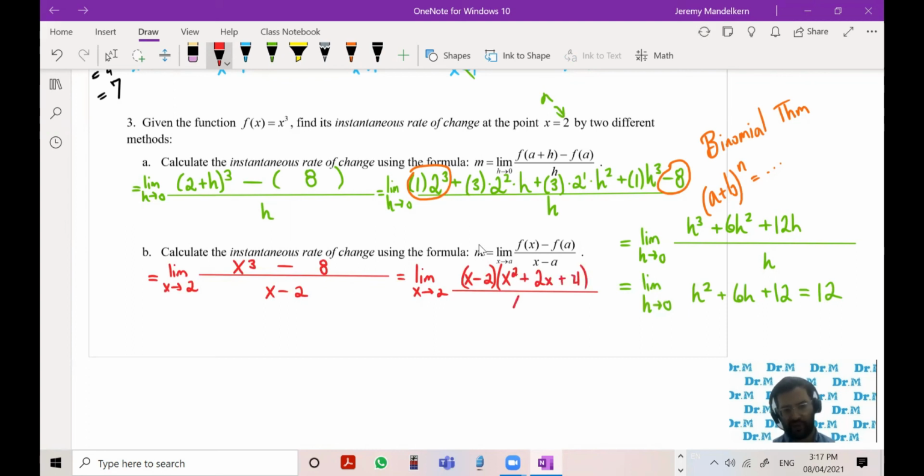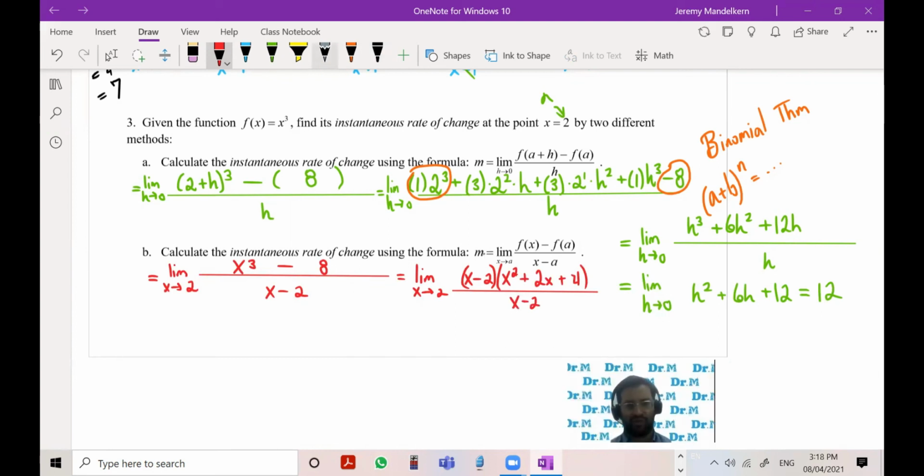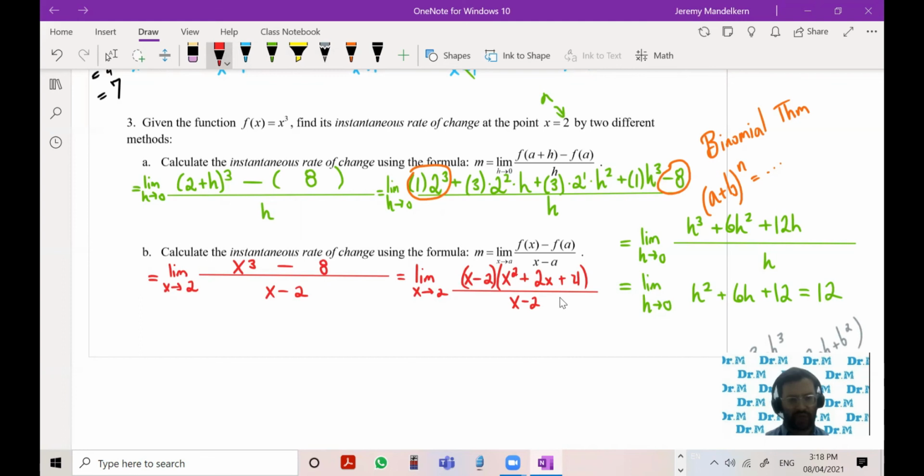And in the denominator, we have x minus 2. Aside, we've made use of that handy formula, which is a cubed minus b cubed is equal to a minus b times a squared plus ab plus b squared. Okay, next we'll go ahead and cancel out the common factor of x minus 2.